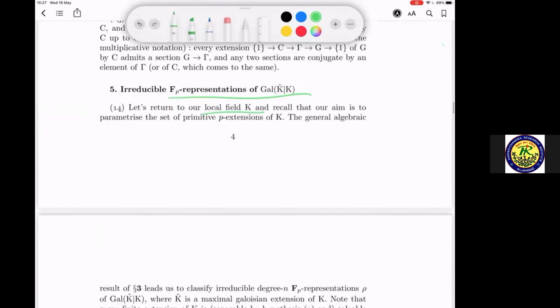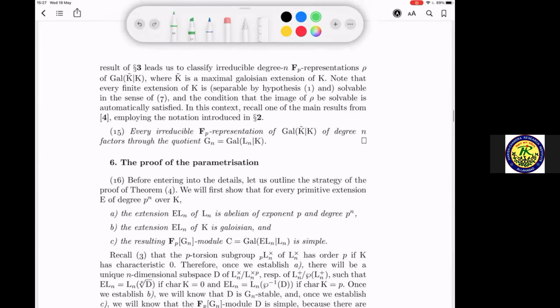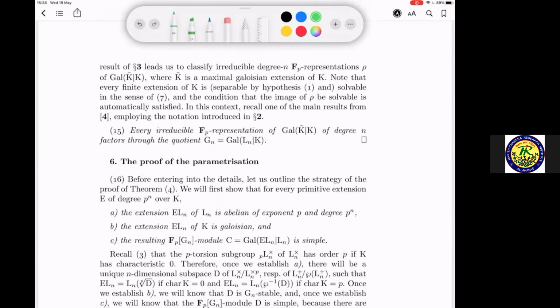It's this local field, P field K. And you are right, some of you remembered what Ln was. So you have a K here, then there was this Kn, and then there was this Ln, and that was a Galois extension with group Gn.